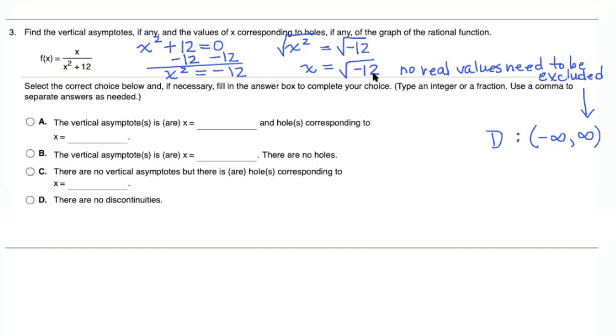And in addition to the fact that I don't have any vertical asymptotes, I also don't have any holes in the graph. Remember, holes in the graph come from common factors in the numerator and denominator. I can't factor either the numerator or the denominator, so therefore the correct answer for this one will be D. There are no discontinuities here.